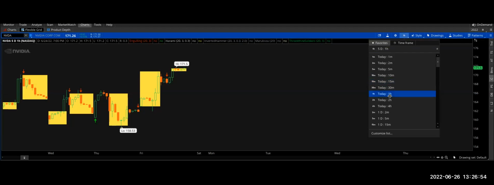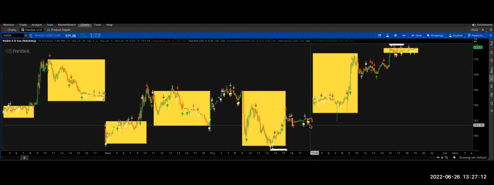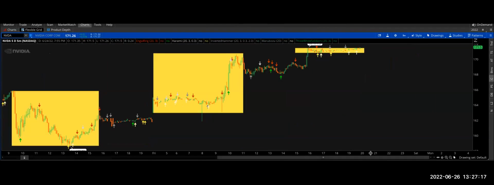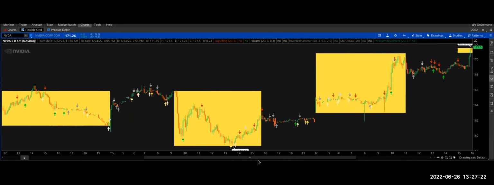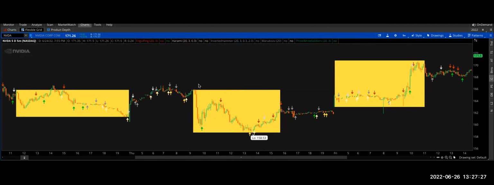So let's come down here in 5-minute. Let me break out this time frame here. Let's go on a 5-minute candle here, 5-day, 5-minute candle. So what day is this here?